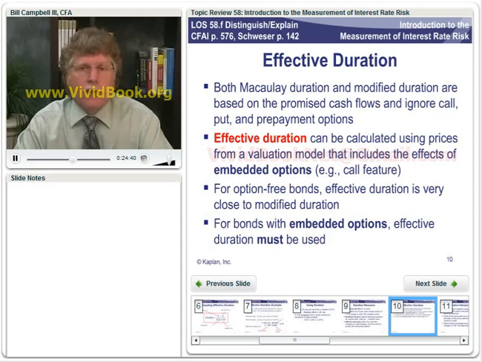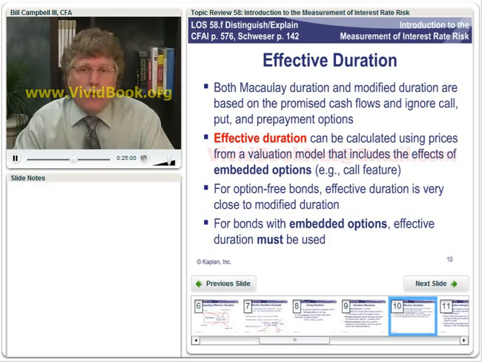If you have a bond with a 6% coupon and yields are dropping down to 2 or 3%, it may make sense for them to call that bond, stop paying 6% coupons, issue new bonds at 2 or 3%, and save themselves a whole bunch of interest expense.